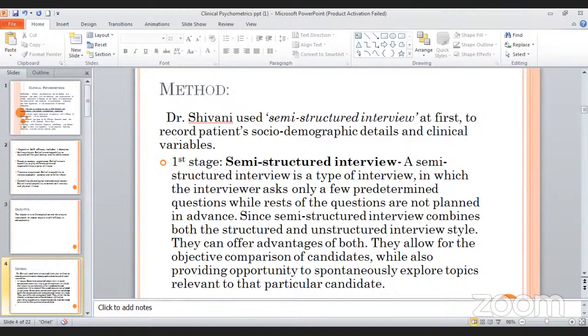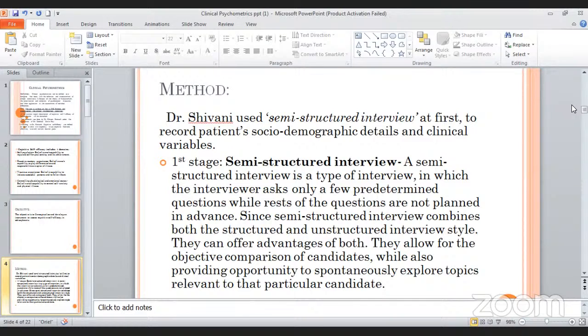Yes. Semi-structured means there will be some preset questions and some not preset; it's a combination of both structured and unstructured. A semi-structured interview is a type of interview in which the interviewer asks only a few predetermined questions, while the rest are not planned in advance.